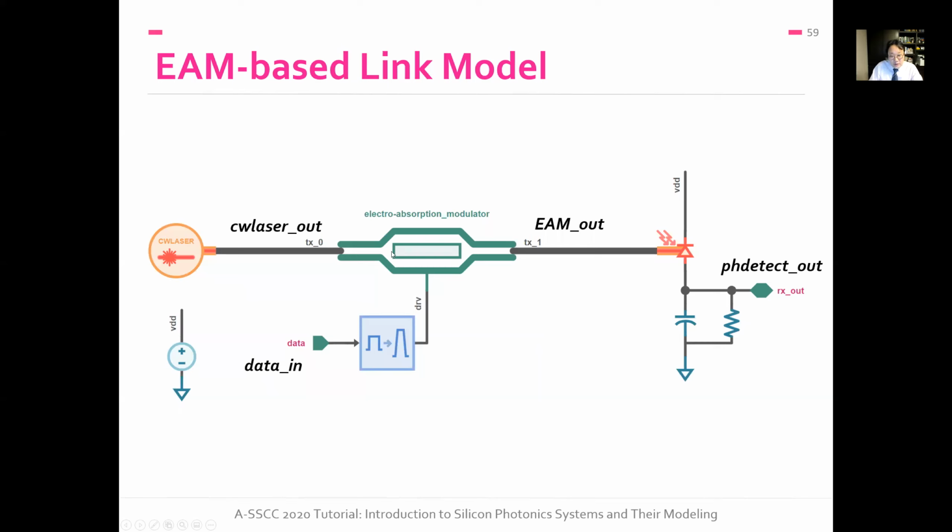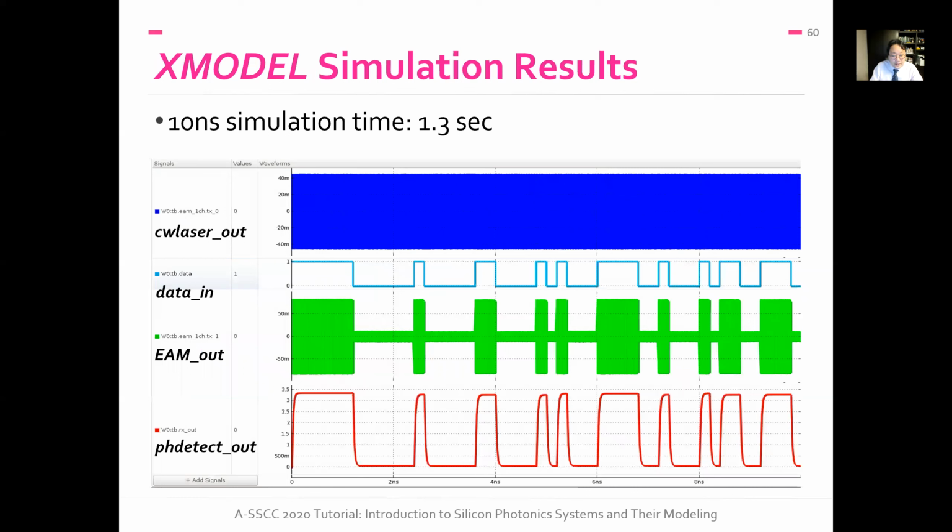You have a laser source and a modulator, and this output will be modulated based on digital data. Once that feeds into a photodetector, you can recover the original signal. Here's the waveform, which takes 1.3 seconds for a 10 nanosecond simulation. Again, you can see that the data is being propagated correctly, and the optical signal is simulated in full wave.